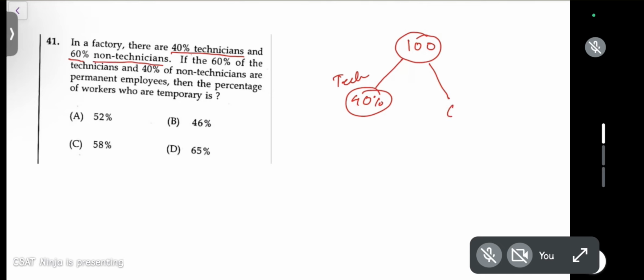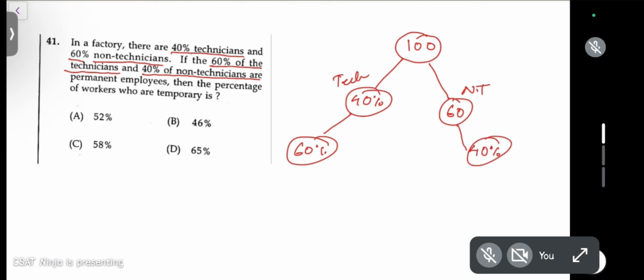Next, 60% of the technicians and 40% of the non-technicians are permanent employees. That means the ones who are temporary are 40% in this case and 60% in this case.